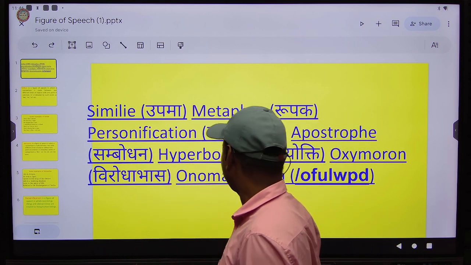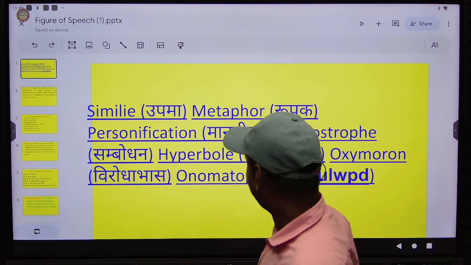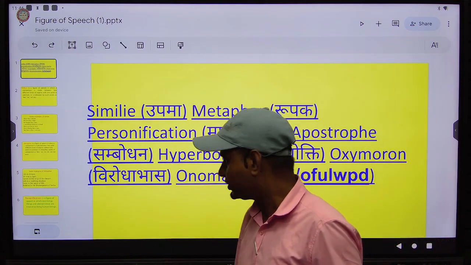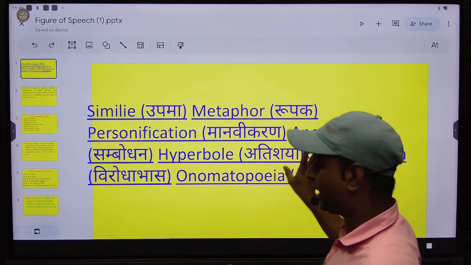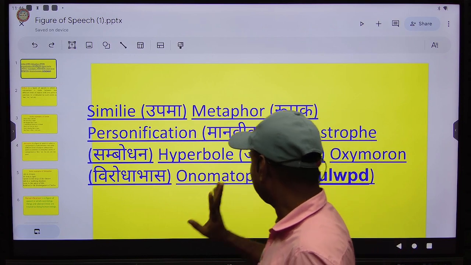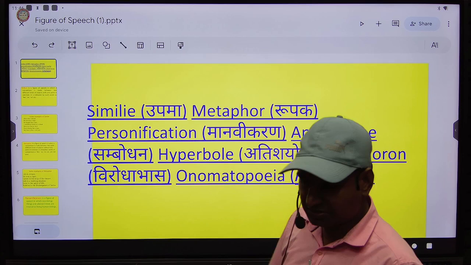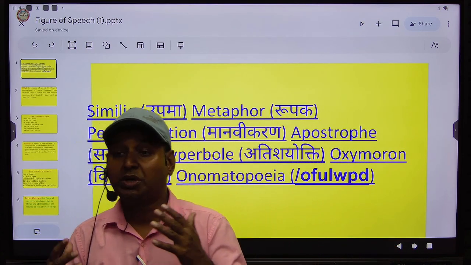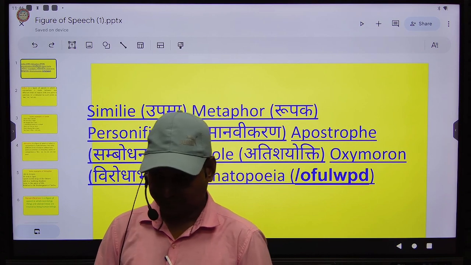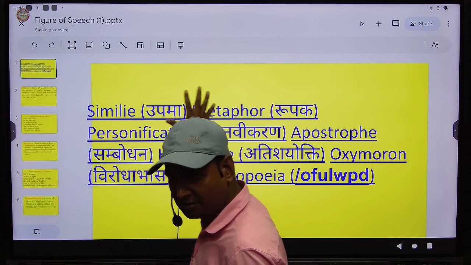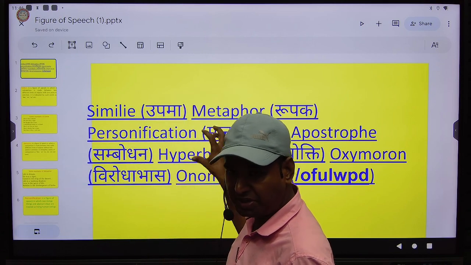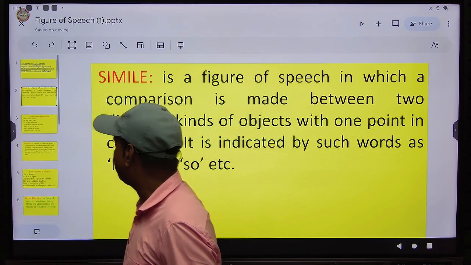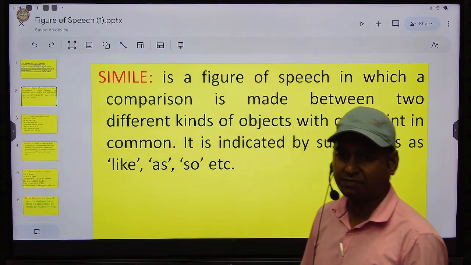Another is personification, manvikaran. Another is apostrophe, sambodhan. Hyperbole, atishayokti. Oxymoron, virodhabhas. Onomatopoeia. So these are the main divisions, basic examples of figures of speech.